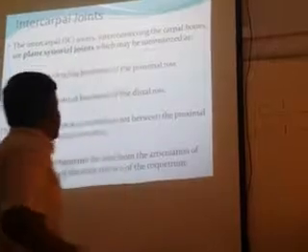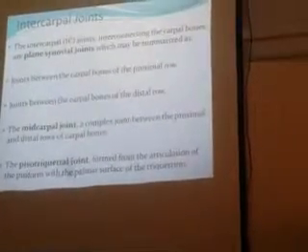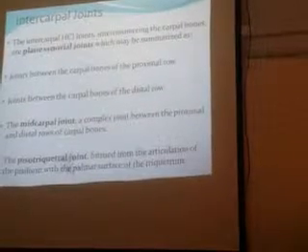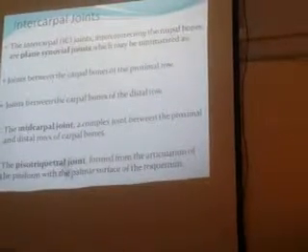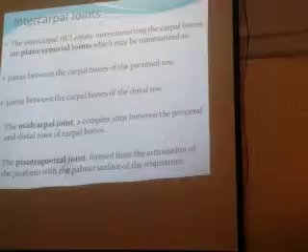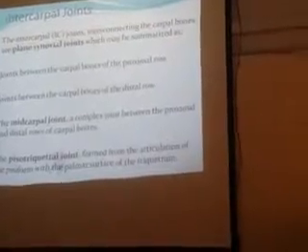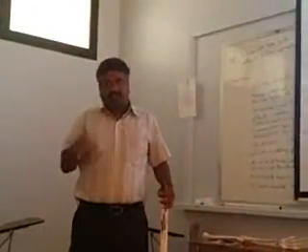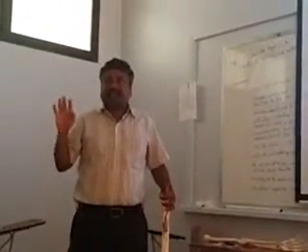So now next, let's go to the intercarpal joints. Could you repeat how it is caused? Old age. Even it can occur at any age, but I am telling about the commonest fracture.